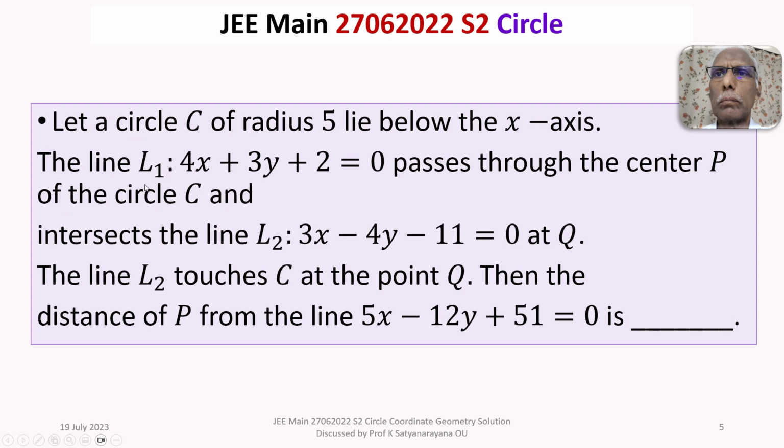We are given a line L1 and it passes through the center capital P of the circle C, and L1 intersects the line L2 at Q, and L2 touches C at the point Q. Then required to find the distance of the point P, that is the center of the circle C, from another line 5x minus 12y plus 51 is equal to 0.